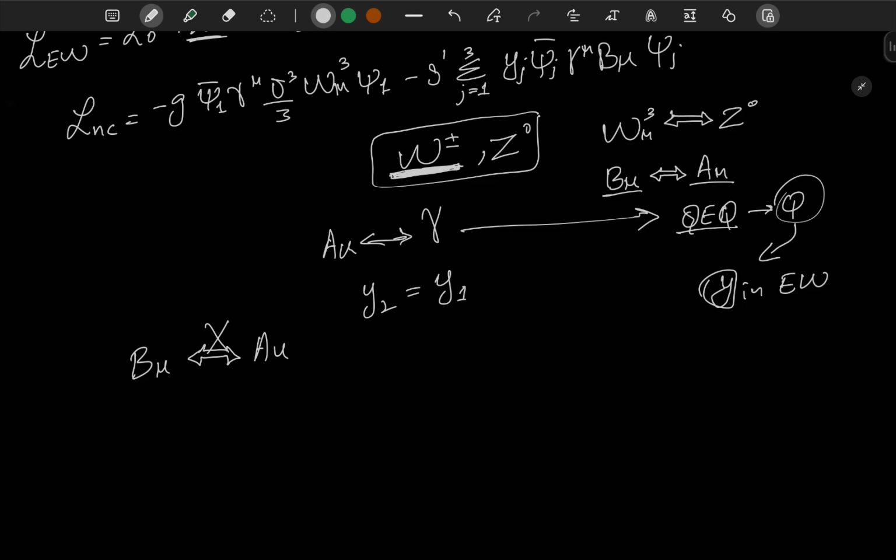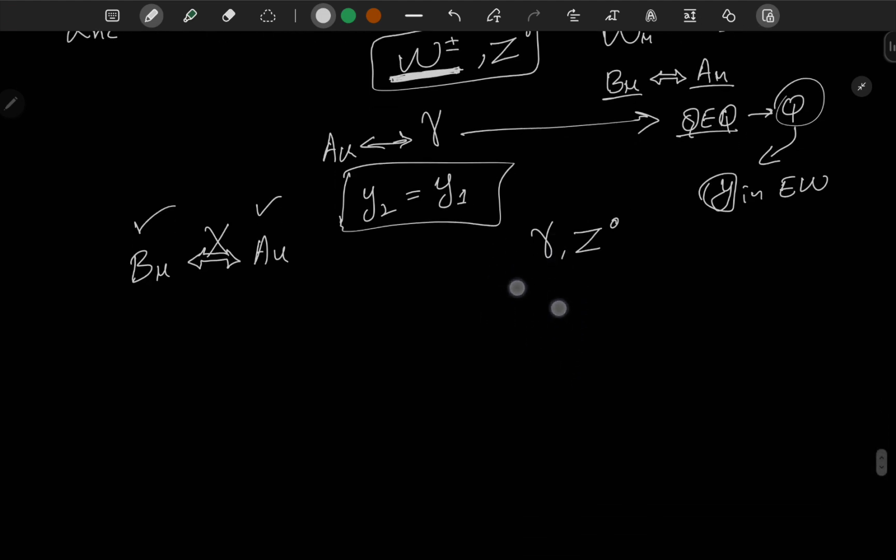So what is the solution to this problem? Neutral current can happen via photon or Z0, but since photon cannot distinguish between the left and right-handed particles, and since Y here in the Electroweak Lagrangian is not the same as Q, we cannot treat B mu as A mu.